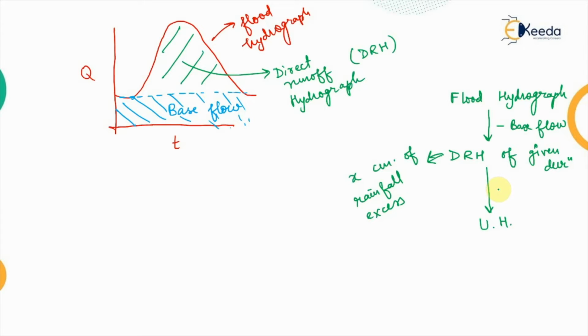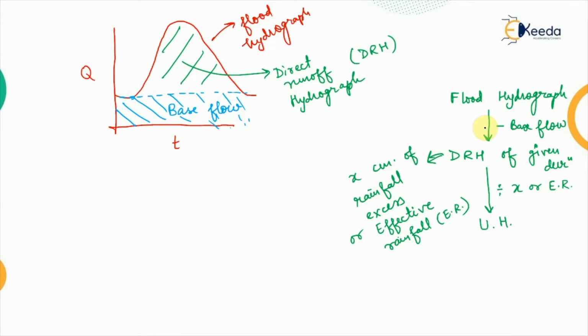Therefore, all the ordinates of the DRH have to be divided by this x centimeter, or that may be written as the effective rainfall. So this rainfall excess is also known as the effective rainfall, because this is the rainfall which is having its effect in terms of the surface runoff. So this is the equation. So this is the path to obtain the unit hydrograph with the help of the flood hydrograph.